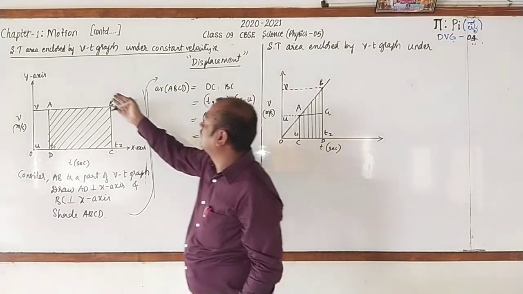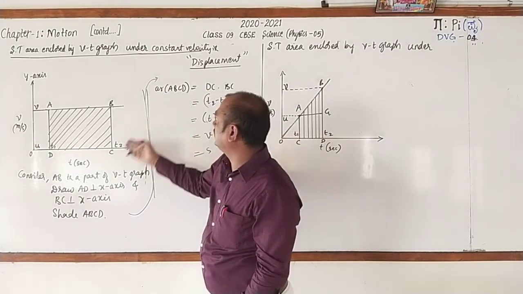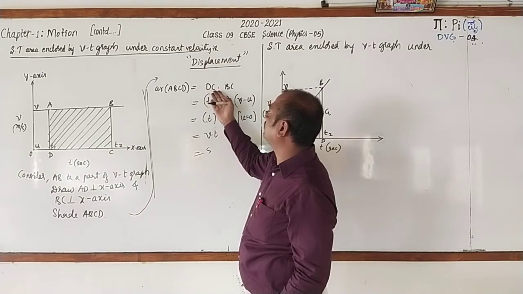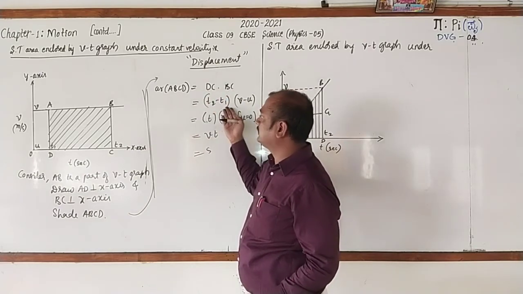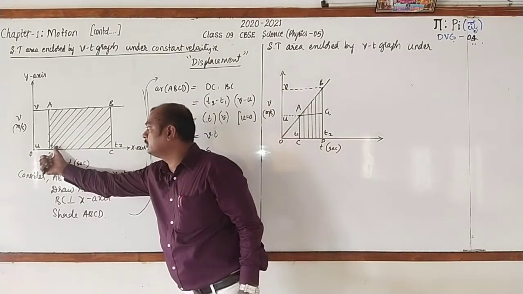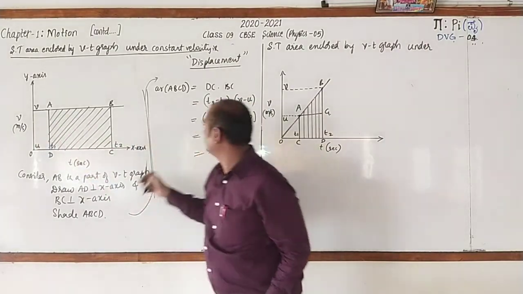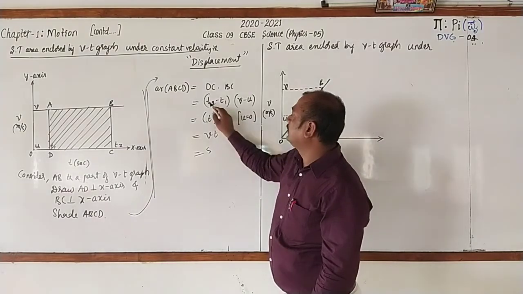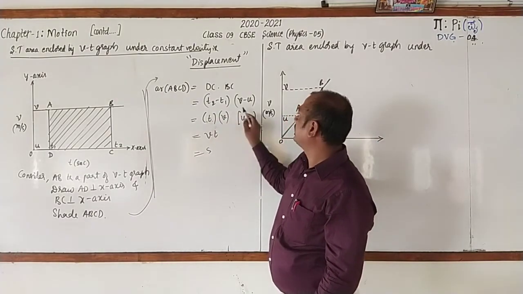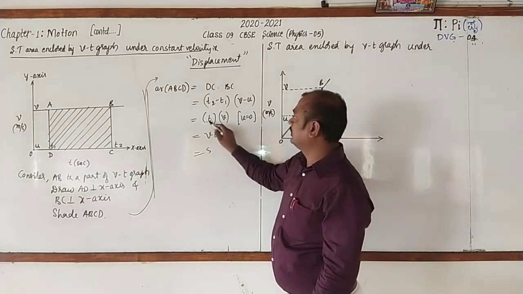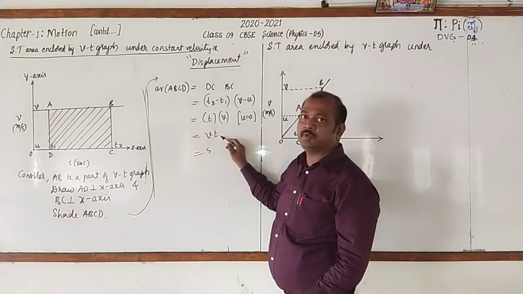Now next you have to continue from here to here. We know that area enclosed by Vt. So ABCD is a rectangle. So rectangle length into breadth. Then length is taken. It is T2 minus T1 and breadth is taken V minus U. It will be V. T2 minus T1 is just T and V minus U is just V because U is 0. Then T into V can be written as Vt.